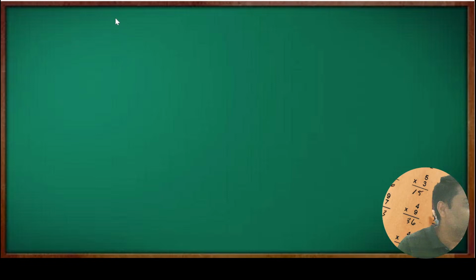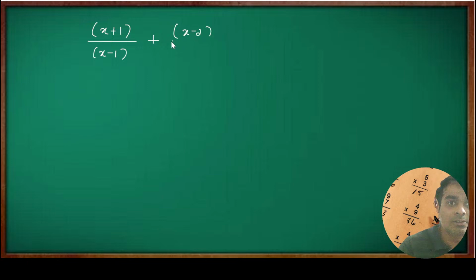(x plus 1) by (x minus 1) plus (x minus 2) by (x plus 2) equal to 4 minus (2x plus 3) divided by (x minus 2).